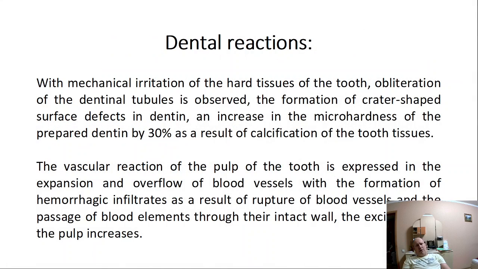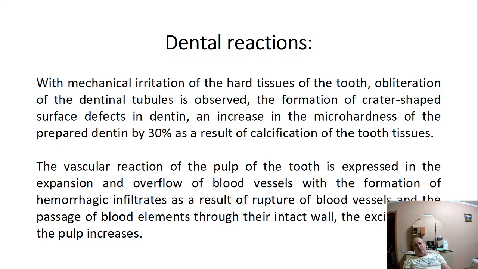Dental reactions: with mechanical irritation of the hard tissues of the tooth, obliteration of the dental tubules is observed, the formation of crack-shaped surface defects in dentine, and an increase of microhardness of the prepared dentine by 30% as a result of calcification of the tooth tissues. This is the reaction to your preparation.